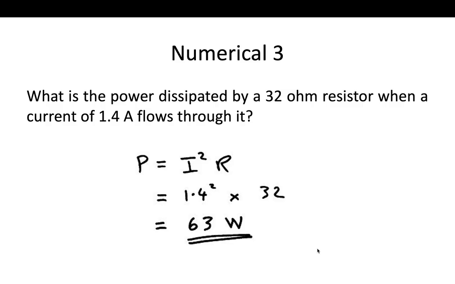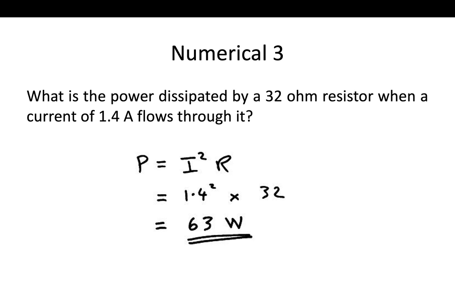Now the third numerical. What is the power dissipated by a 32 ohm resistor when a current of 1.4 ampere flows through it? Okay, here it is asking what the power dissipated is. For the power dissipated formula, we will use P is equal to I squared R. Why?